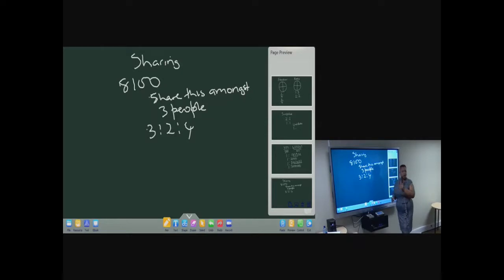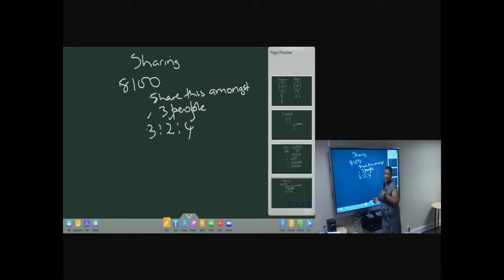When you are sharing using a ratio, let's say you are sharing between Mary, Peter, and John in a ratio of 3 is to 2 is to 4. The way the names are mentioned, they will follow exactly the ratio. So if you're saying Mary, John, Peter, it means 3 is representing Mary, 2 is representing John, and 4 is representing Peter.